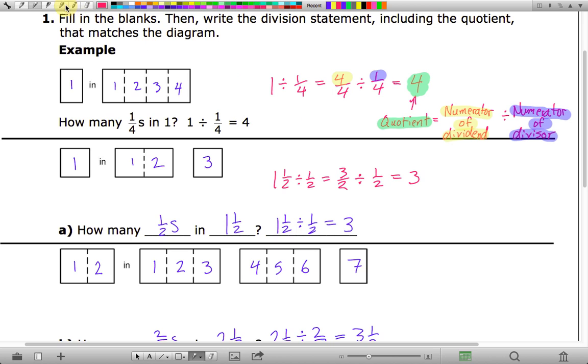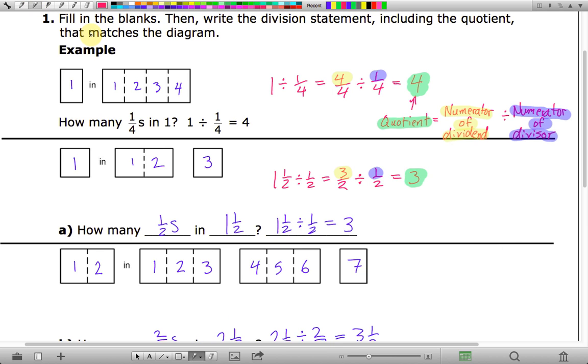So to get the answer to the division question, which I'll highlight here in green, this quotient, you're going to take the numerator of the dividend and divide by the numerator of the divisor. So 3 divided by 1 is equal to 3.